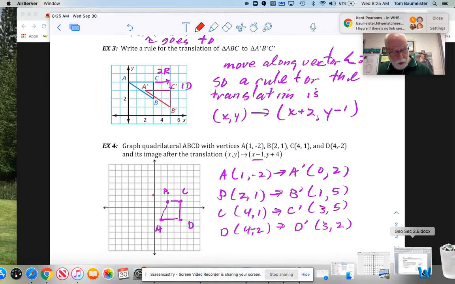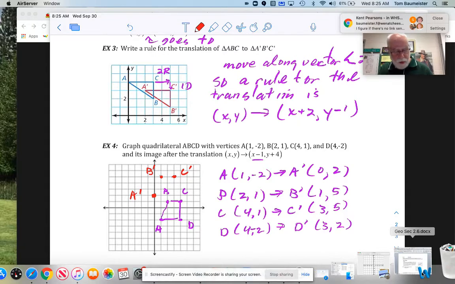So we're going to go at 0 and 2. We're going to go at 1 and 5. We're going to go to 3 and 5. And remember, label those.